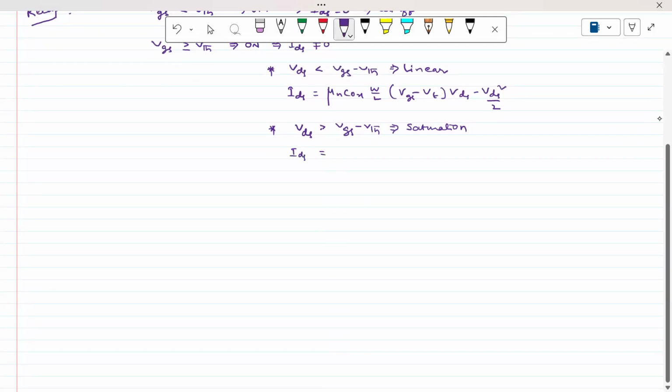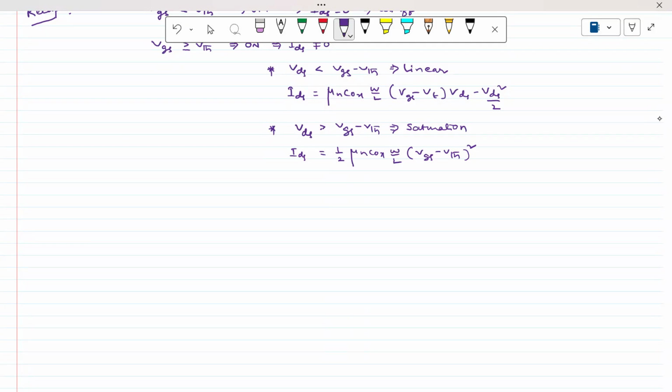IDS is equal to half mu n Cox W by L into (VGS minus VTH) whole square. Here the MOSFET is not following the VDS changes. However much you change the VDS value, you cannot see that much change in your IDS value. Therefore it remains constant.